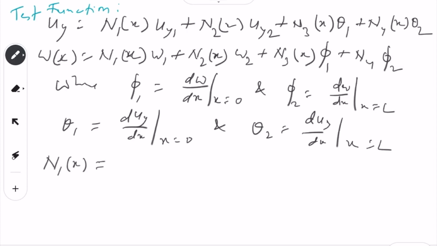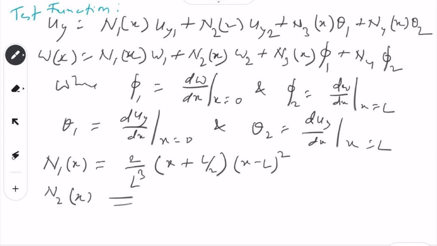N1 equal to, we got equal to 2 over L cube, x plus L over 2, then x minus L square. N2(x) we got equal to minus 2 over L cube, x minus 3L over 2, right, and then we get x square. Okay.